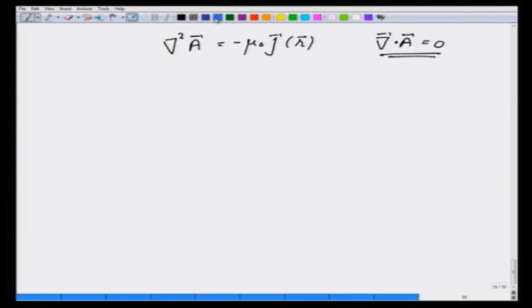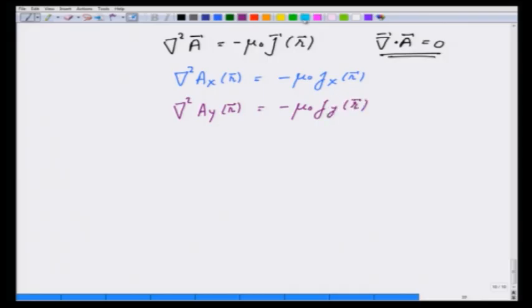What it means is that each component: del square A_x is equal to minus mu naught J_x(r), del square A_y(r) is equal to minus mu naught J_y(r), and finally, del square A_z(r) is equal to minus mu 0 J_z(r).